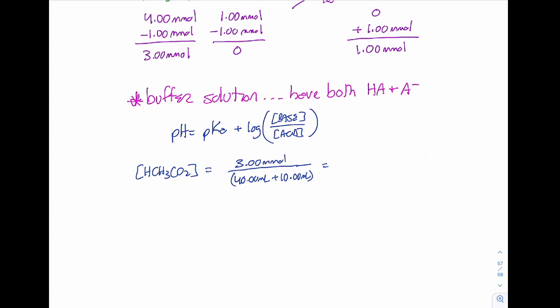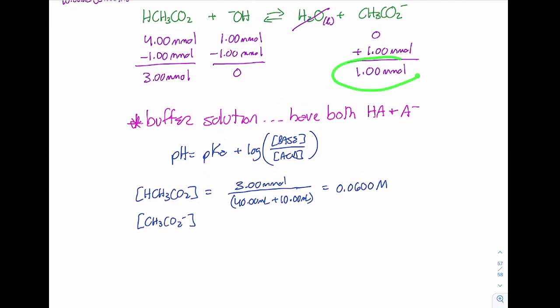So working that out, I have 0.0600 molar for my concentration of acetic acid. My concentration of acetate ions, I currently have 1 millimole.